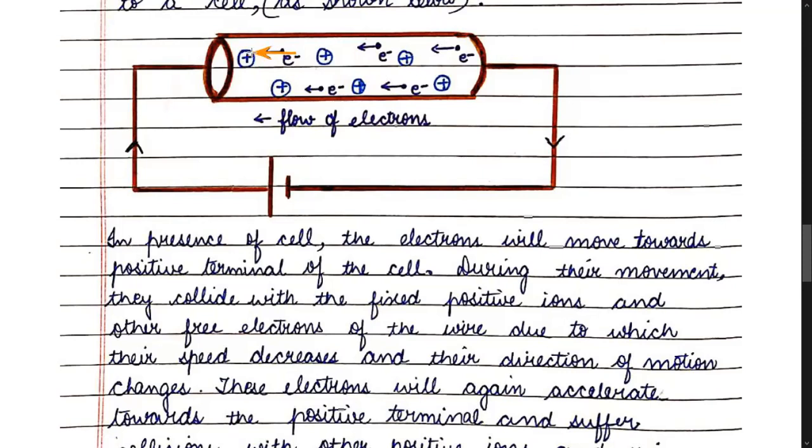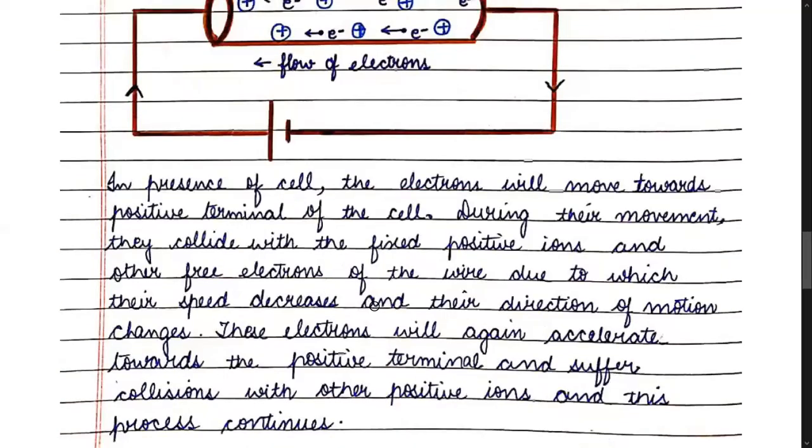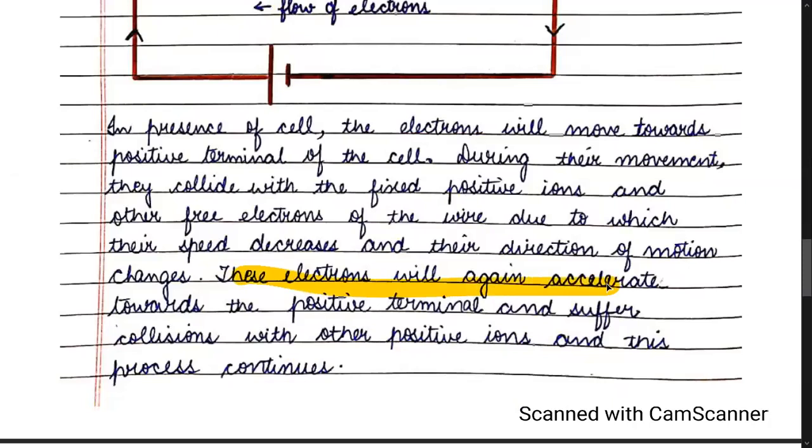During collision, there are two possibilities. Sometimes the speed of the electron decreases, or even its direction of motion changes. But ultimately, it has to reach the positive terminal of the cell. These electrons will again accelerate towards the positive terminal.